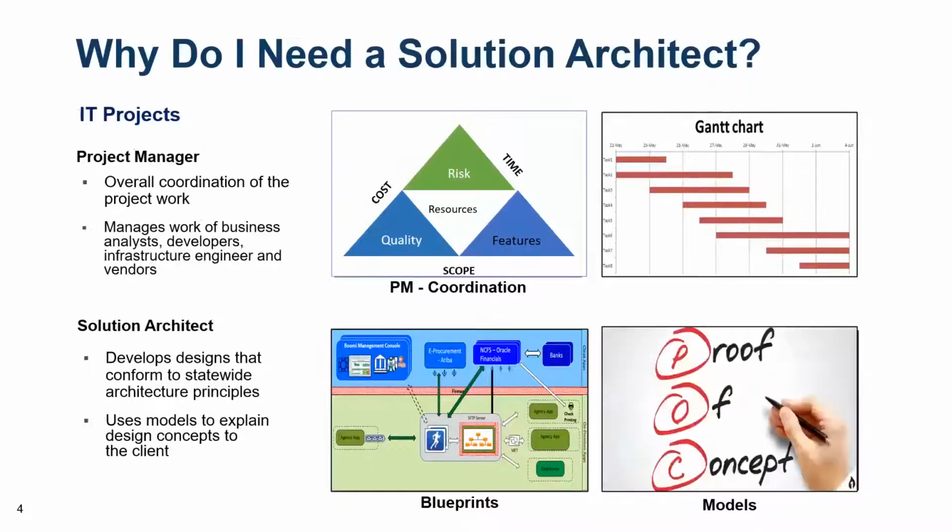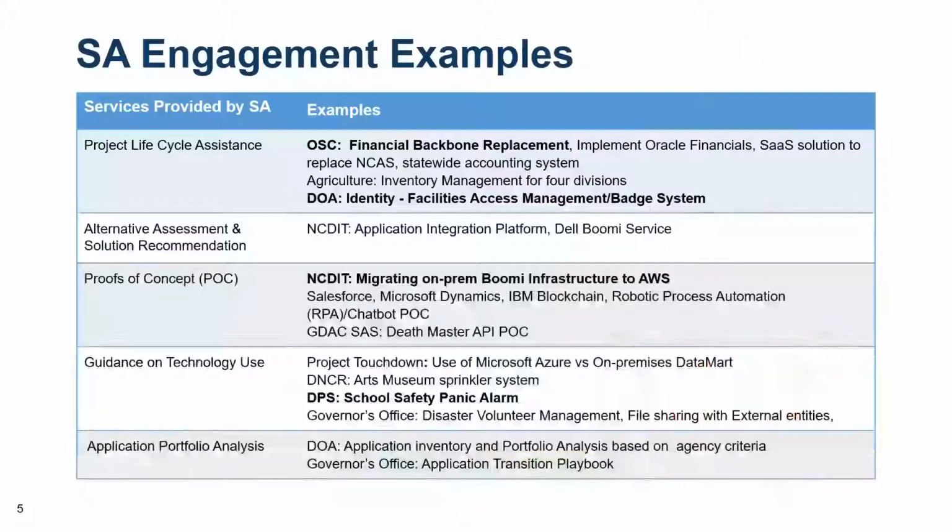And instead of building models, solution architects do proofs of concept to show you, yes, this will work, or no, this will not work. So enough about what a solution architect is, what you do, and when you need a solution architect. Let's look at some of the work that the solution architecture team has done in the last couple of years, and that might give you some good idea about what solution architects do.